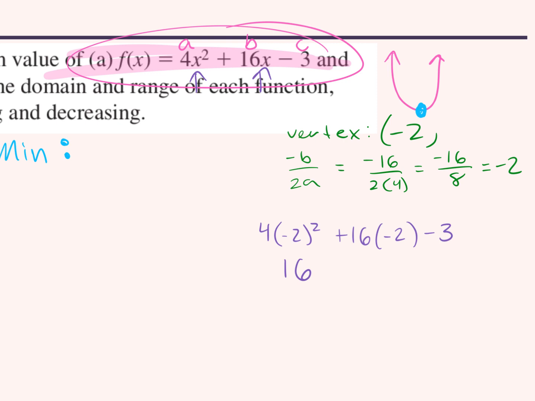What's 16 times negative 2? Negative 32. So we have 16 minus 32 minus 3. What's 16 minus 32? Negative 16. And negative 16 minus 3? Negative 19. So what's my k? Negative 19. So what's my minimum value? Negative 19.